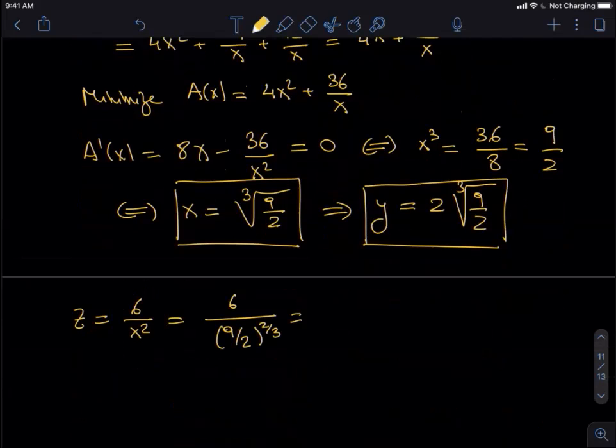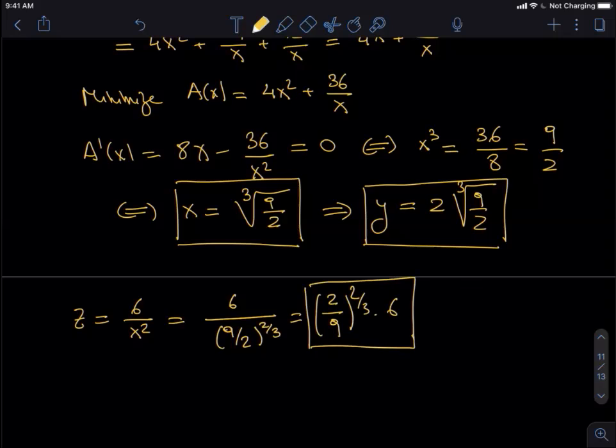So that is 2 divided by 9 to the power 2/3 times 6. So that is 2 to the 2/3. Well, let's keep it like that. I don't think it's going to look nice anyway. So these are the three sides of the box.